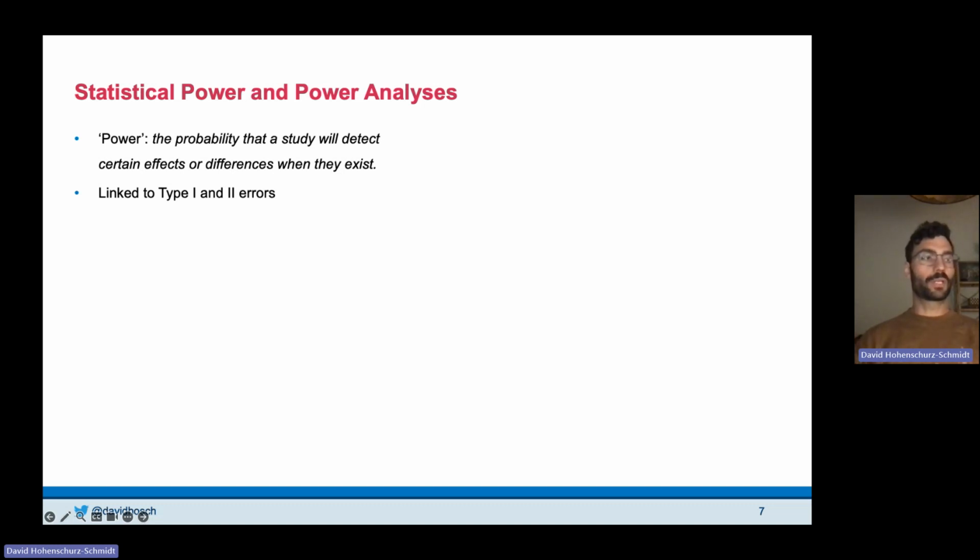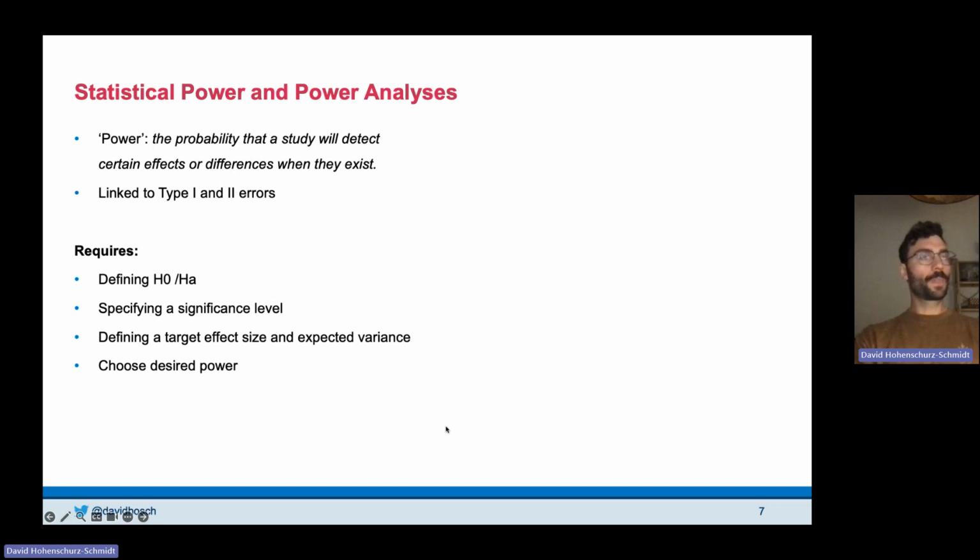So having a statistically non-significant finding, even though in actual fact the treatment would work. If you had a bigger sample, you may have been able to show this. So that's related to having an underpowered study, a study that wasn't large enough to show a particular effect of interest. So how do we go about this?